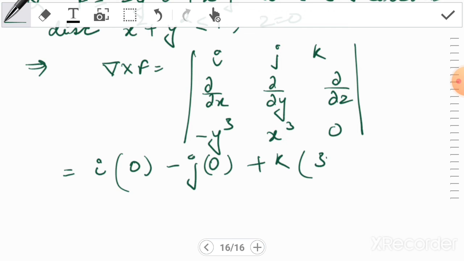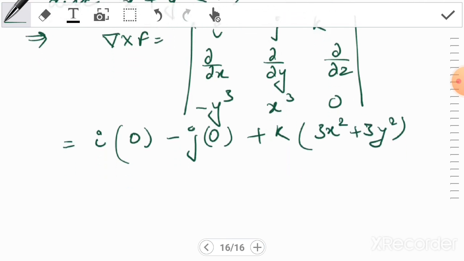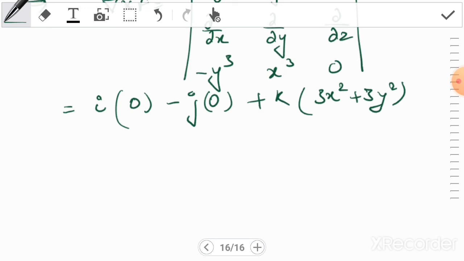So 3x square plus 3y square, which is 3(x square plus y square) k.